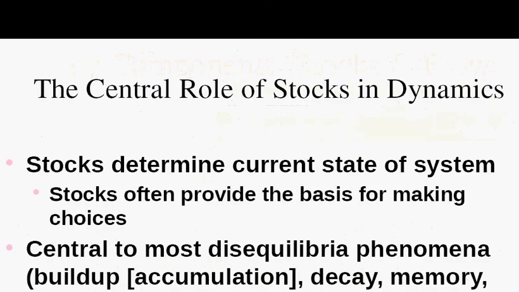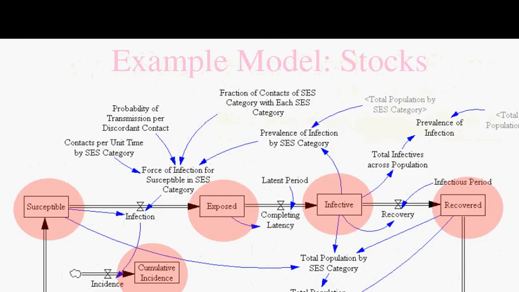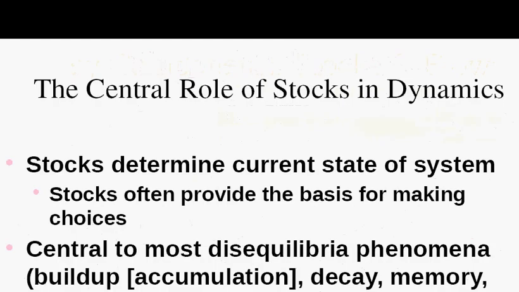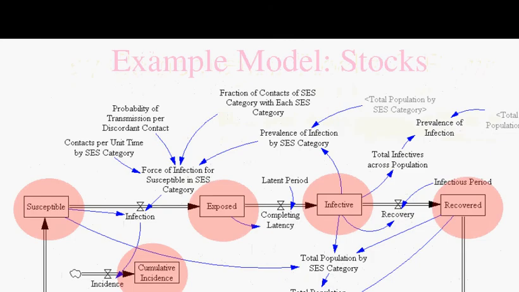There's no individuation. There's no recognition of individuals. There's no real ability in general to ask the question, of these people who are infective now, how many were infective 100 days ago? How many have gotten infected more than 10 times? That's not really something we can ask in the context of system dynamics in general. Those sorts of questions about individuals and their trajectories.